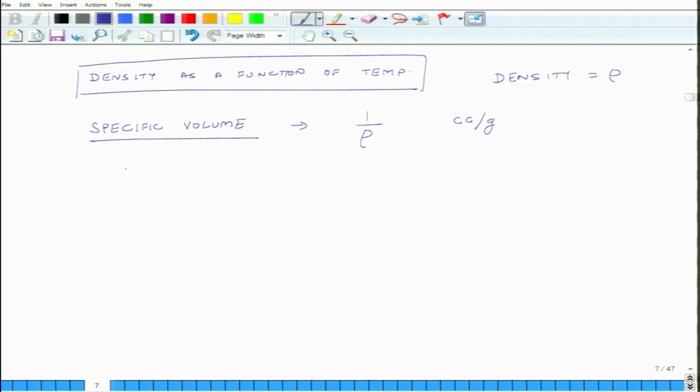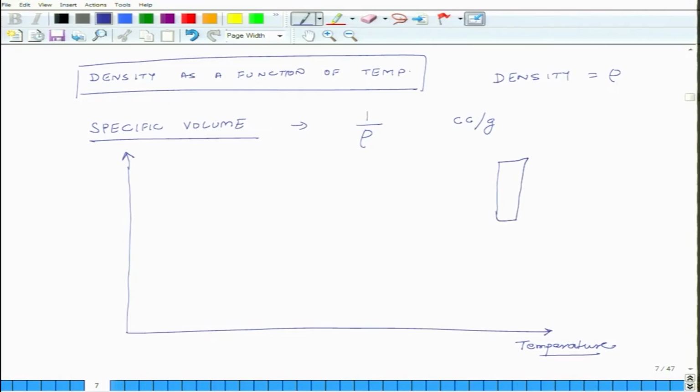Okay. So what we will do is generate a plot. On the x axis we will have temperature. So what is it that we are doing? We are taking a piece of plastic, in this case a thermoplastic.